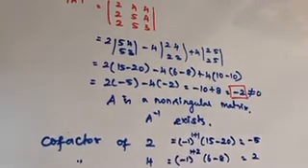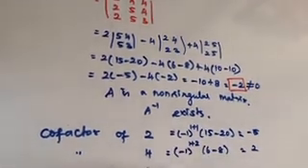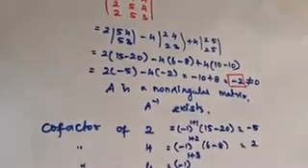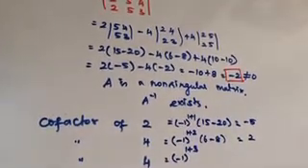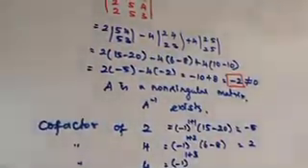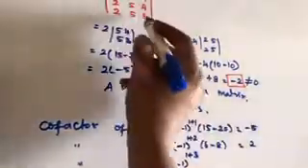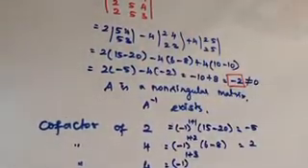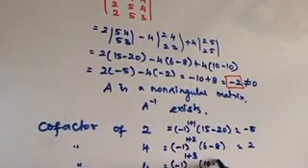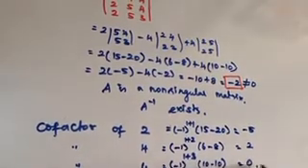And again cofactor of 4, it is the first row, third column. So, minus 1 power 1 plus 3, and its minor is |2, 5; 2, 5|. So 10 minus 10, it is 0. So the value is 0.